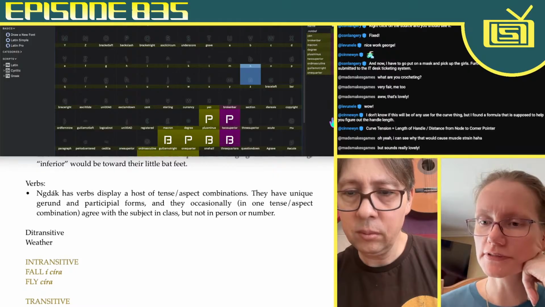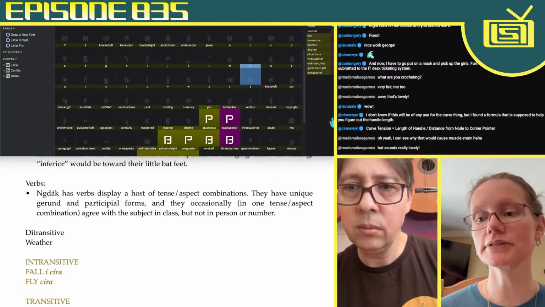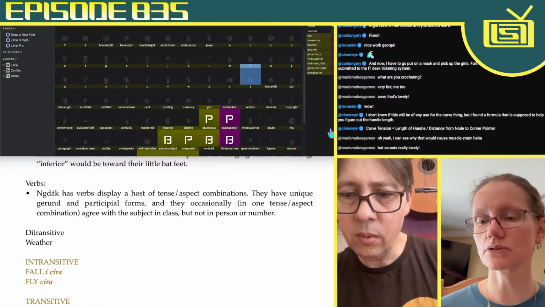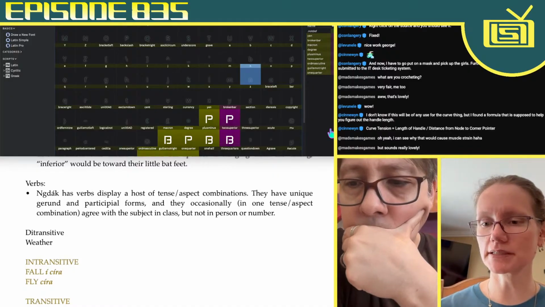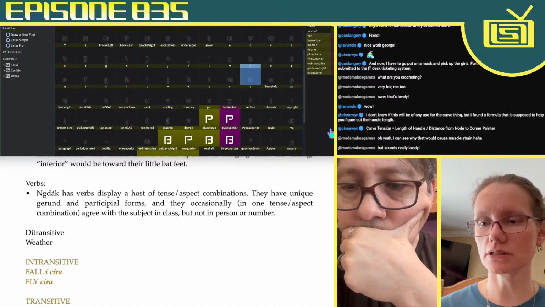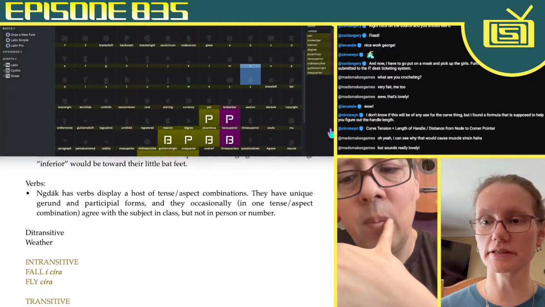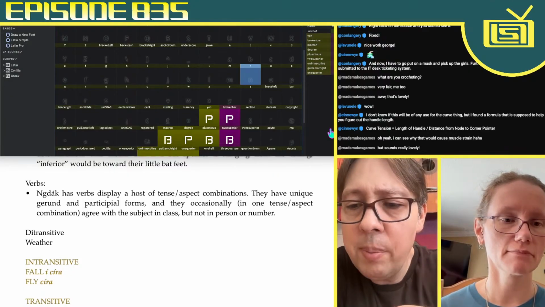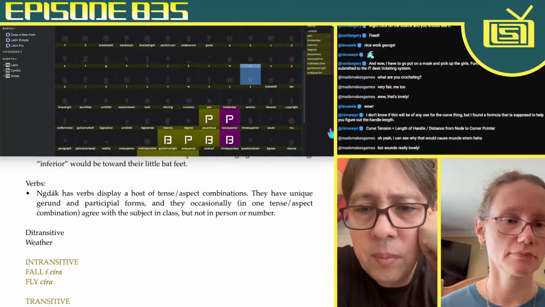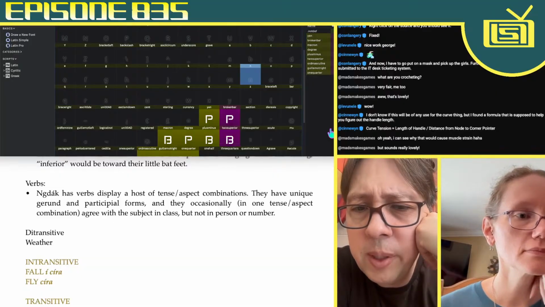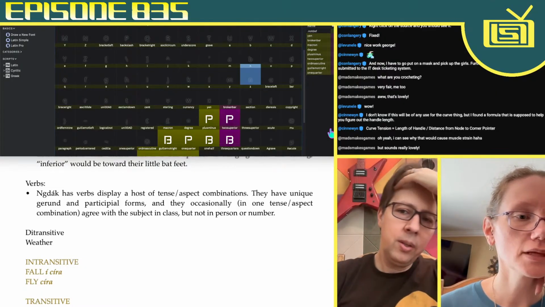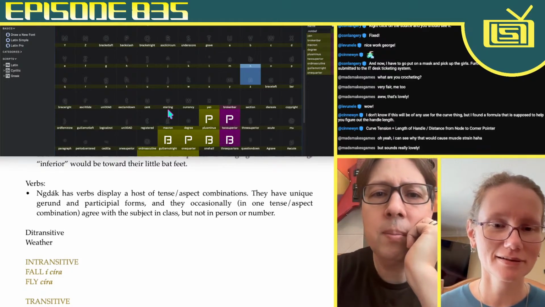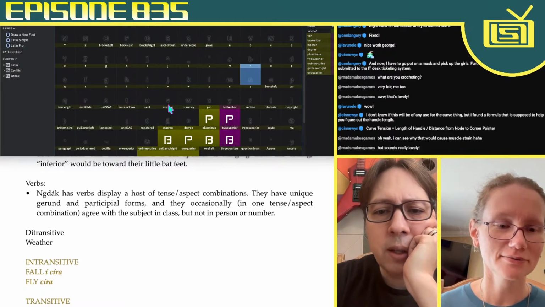The curve tension equals the length of the handle, distance from node to corner pointer? No. So the length of the handle divided by the distance from the node to the corner pointer is the curve tension. Sinowin, can you do me a favor? Can you copy that and send it in a direct message to me? That way it'll be easier for me to find. But yeah, I need to learn and memorize that.